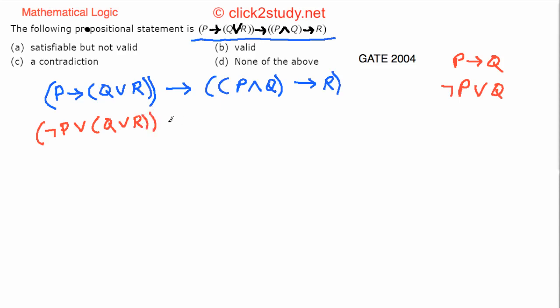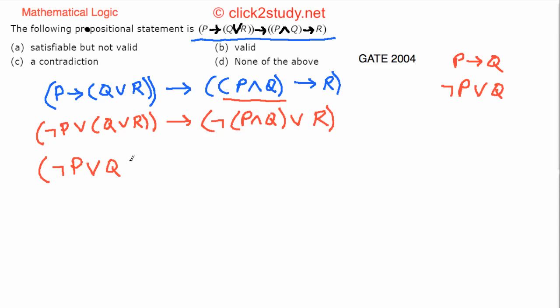And the same thing is applied here, so out here this is P and Q, the whole thing: not of (P and Q) or R. I don't need these brackets now, because these are all ORs, so I can simply write it like this.